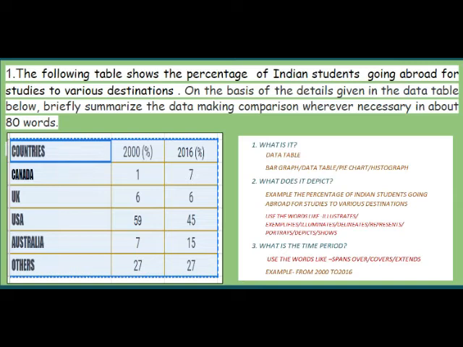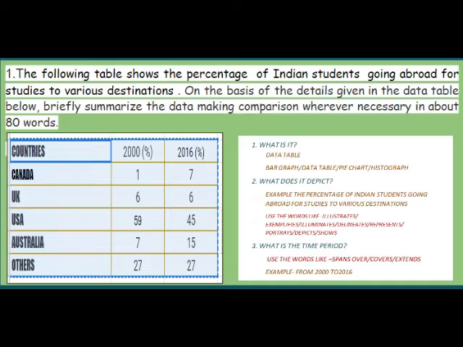So whenever you get a data table or a graph, first thing you must ask is, what is it? Is it a data table, a graph or a pie chart? First you have to get to know that, and that's how you'll be starting. This graph or this data table represents, and what kind of vocabulary will you be using.